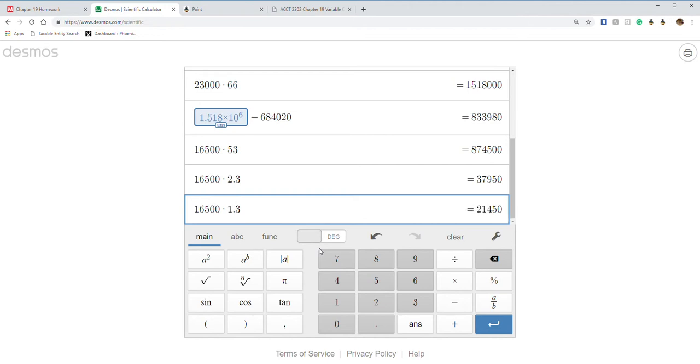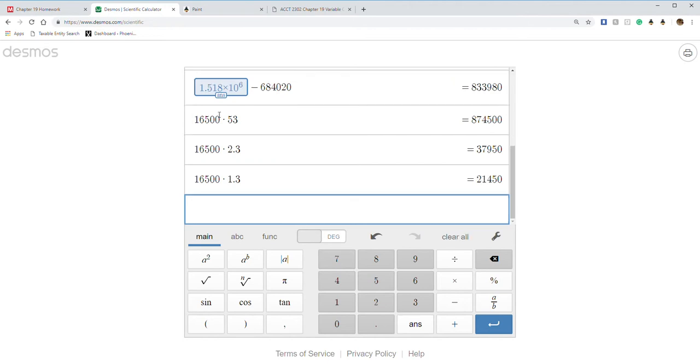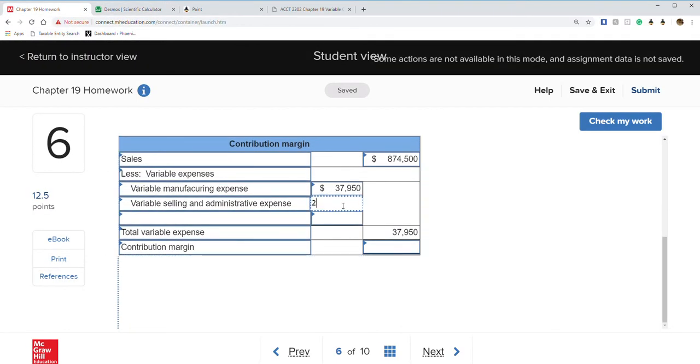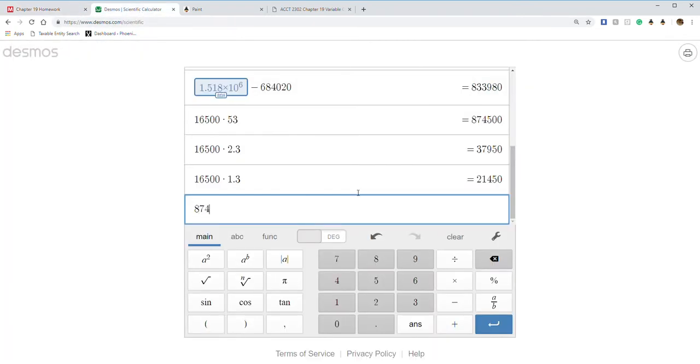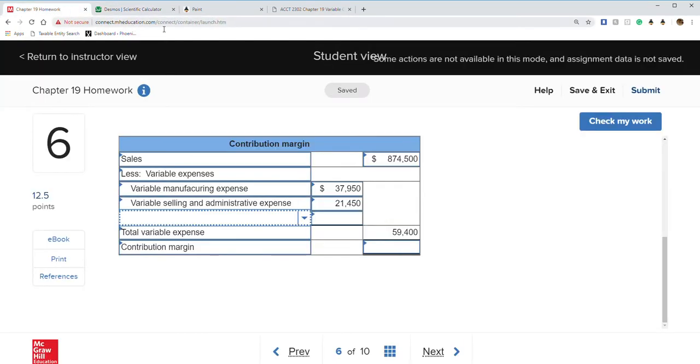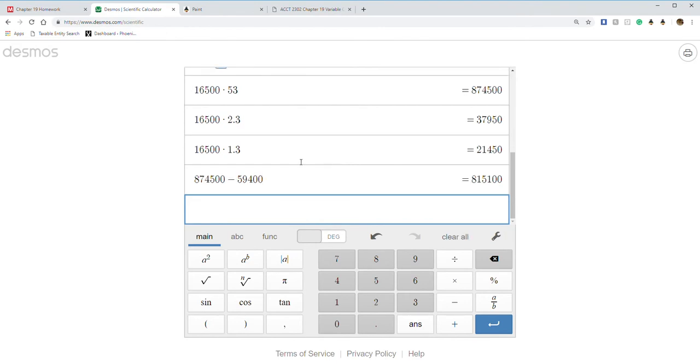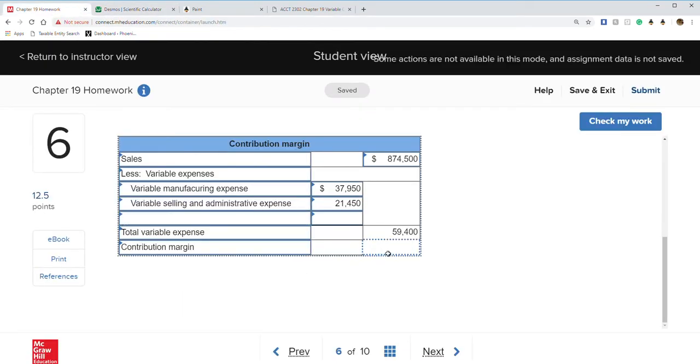That's $21,450. Okay. And notice that it went ahead and added for us. So all we have to do is take the difference. So 874,500 minus our total variable of 59,400 equals out to 815,100.